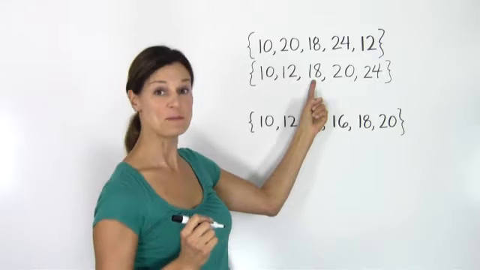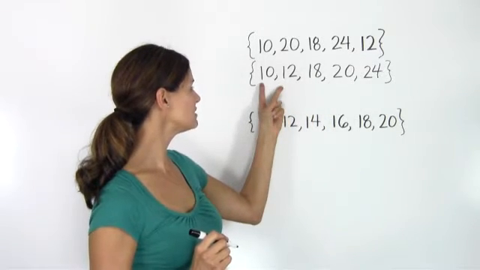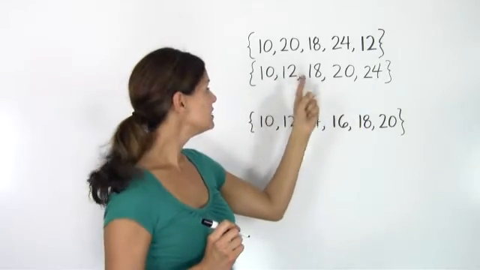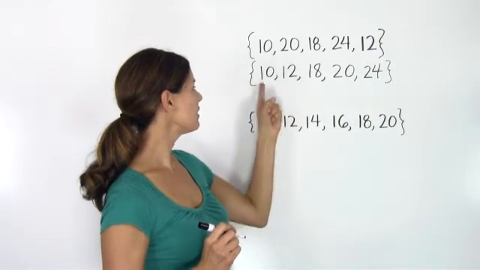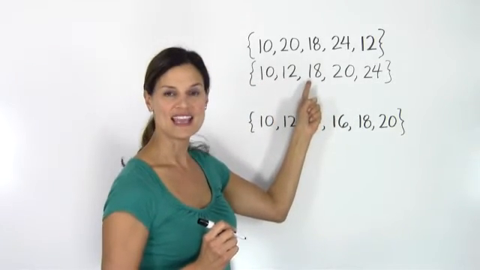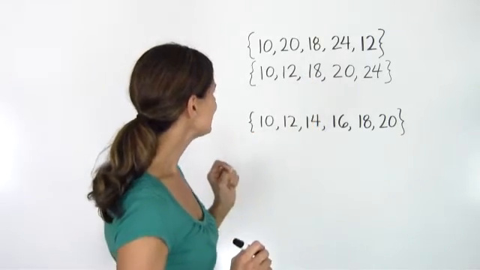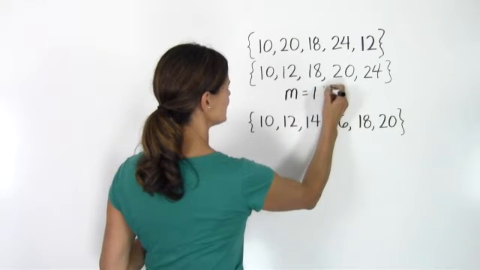I see that the middle value here is 18. There are 2 values on the left and 2 values on the right. So in this case, where I have 5 values, the third one over is my middle value, or my median. So in this case, the median is 18.